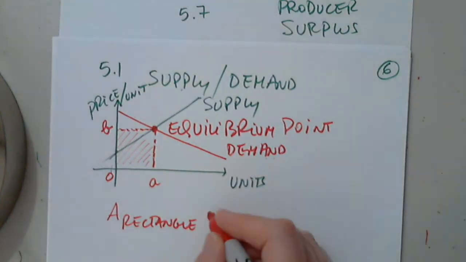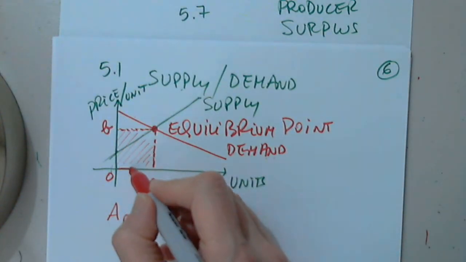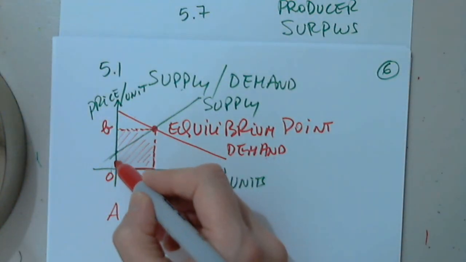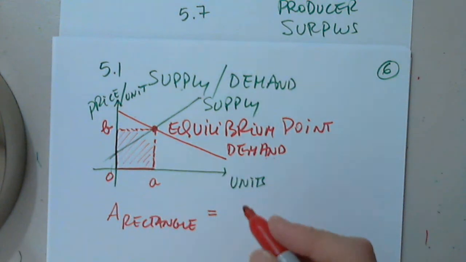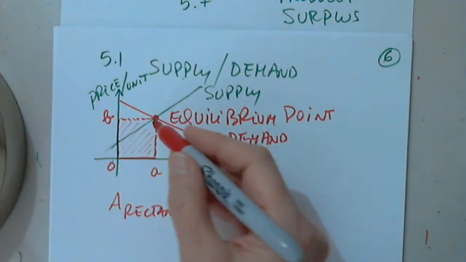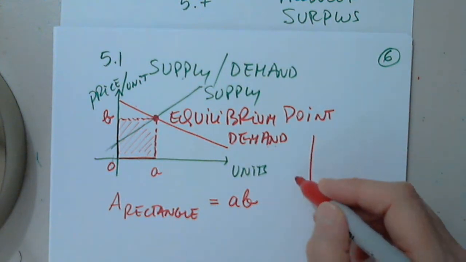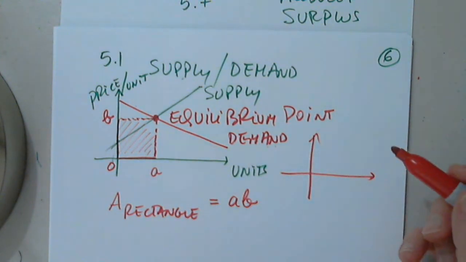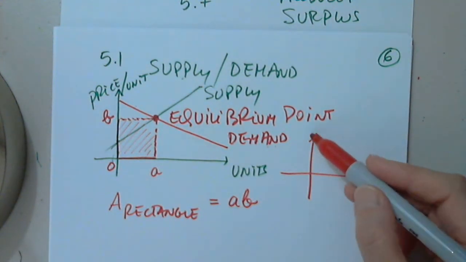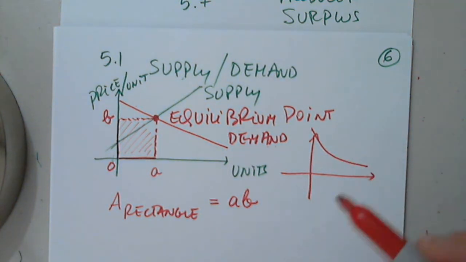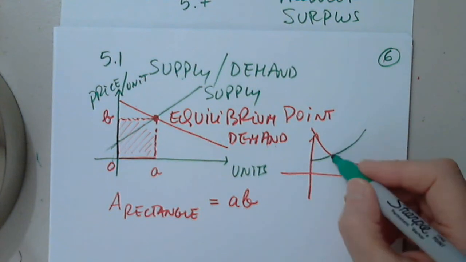Can anyone give us the area of this rectangle? Base times height, correct? For any point. It doesn't really have to be the equilibrium point, right? It can be any point. So let's say I have this function and I have this function.